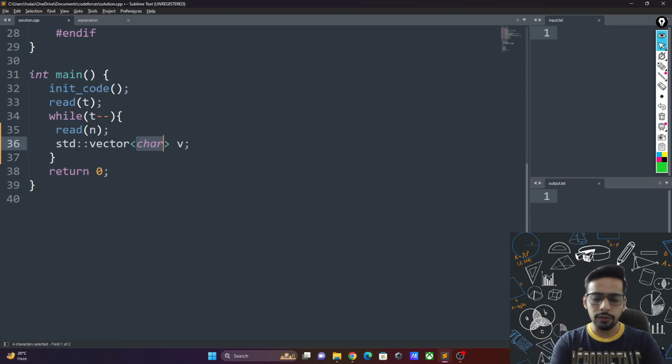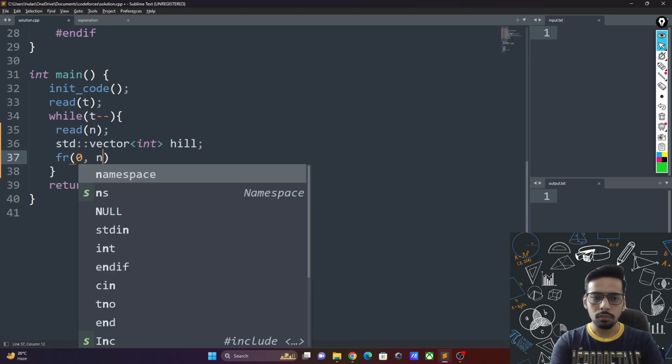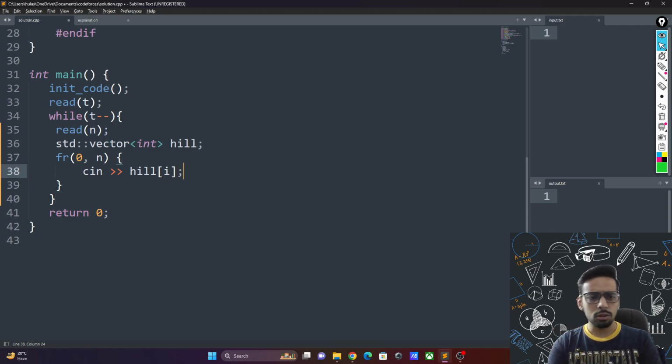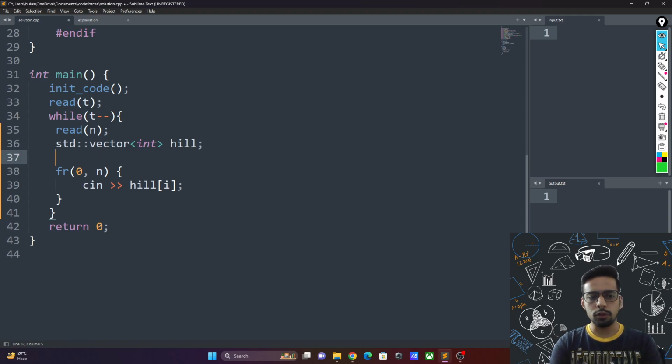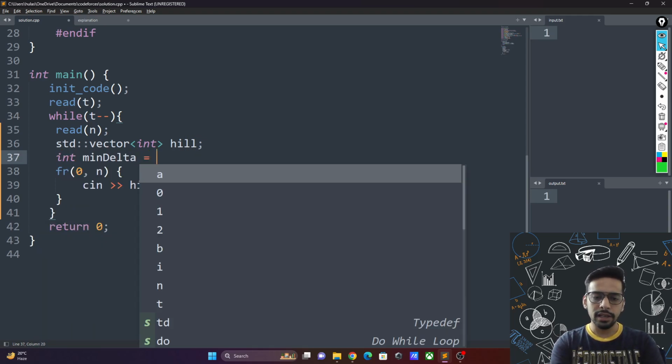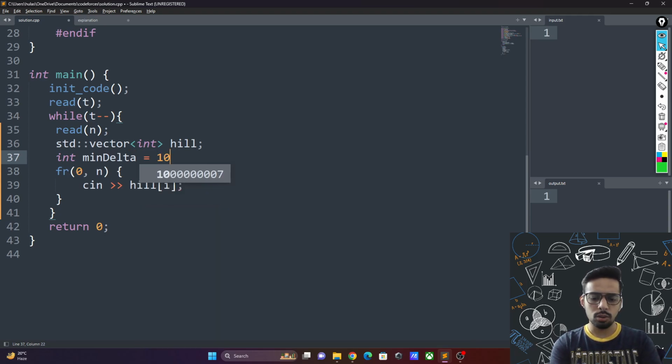So let me take a vector. At the same time, what I can do is also calculate the min delta and the position for that min delta. Min delta, let's say 1e9. Initialize it to 1e9 plus 1, which should be good enough.